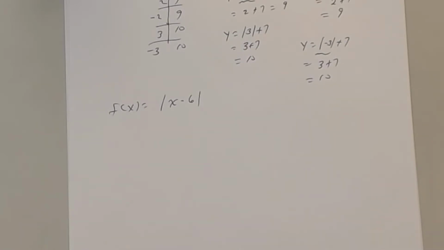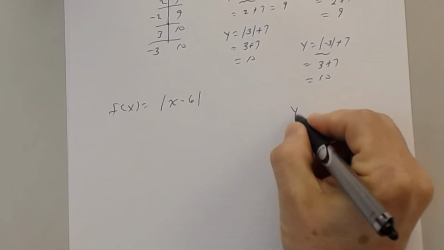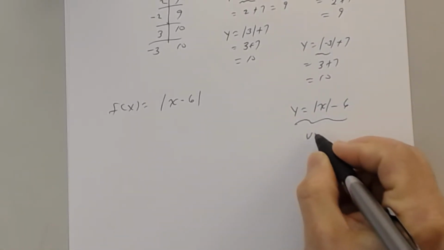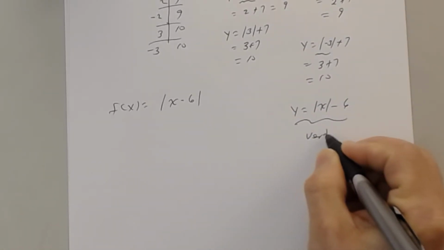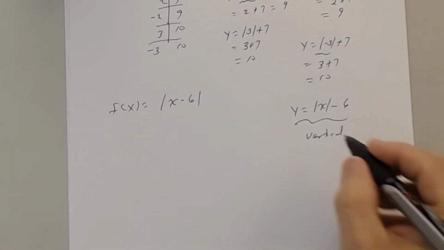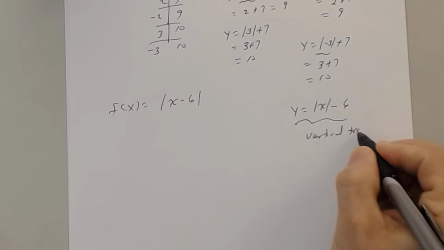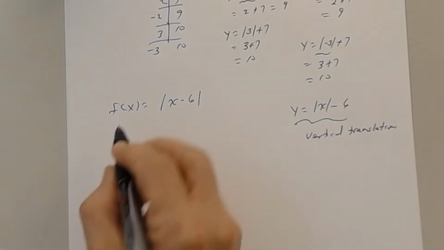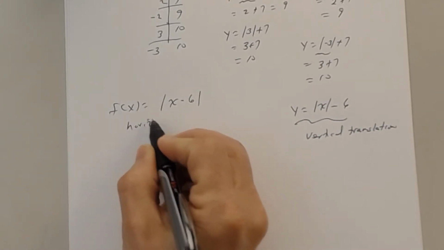If it was on the outside, then that would involve a vertical shift. So first of all, you have to recognize whether it's a horizontal or a vertical shift. So this is a horizontal translation.